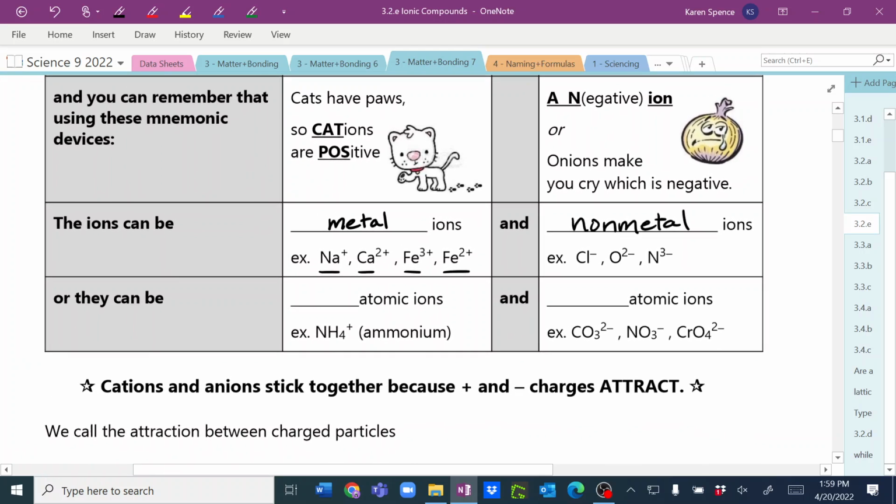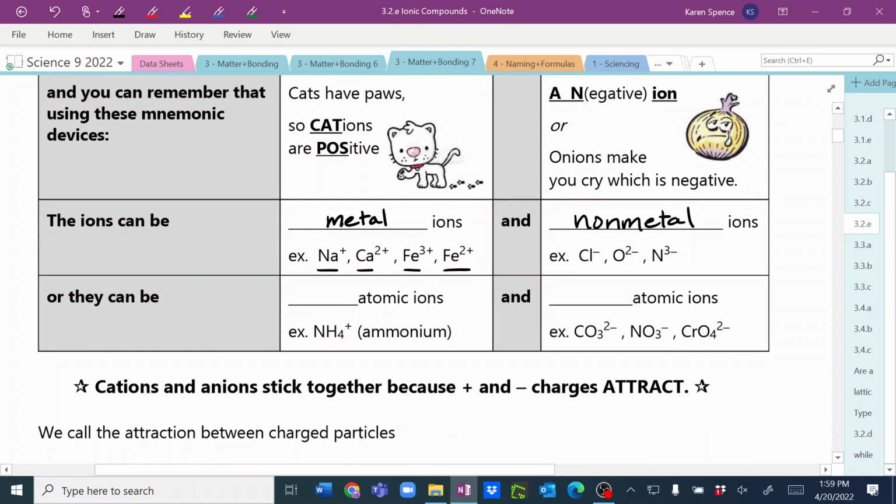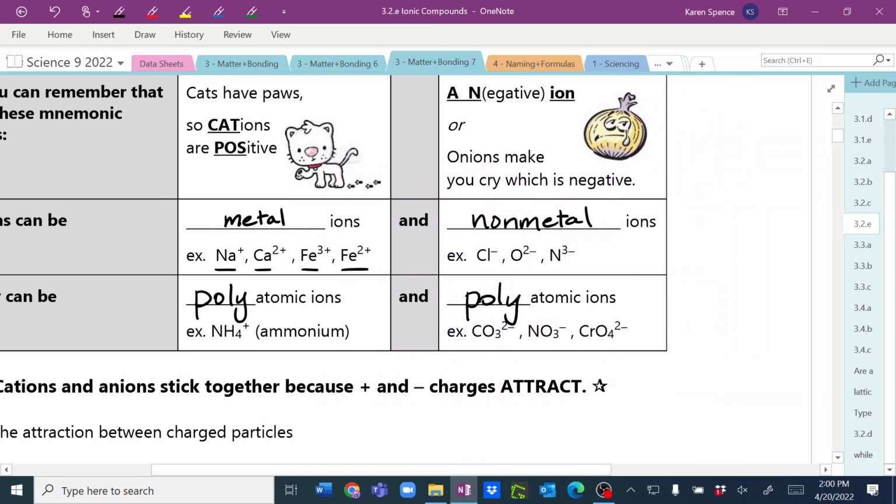However, there's another type that we're just going to touch on this unit and then do more next unit. They can be polyatomic ions. What does poly mean?